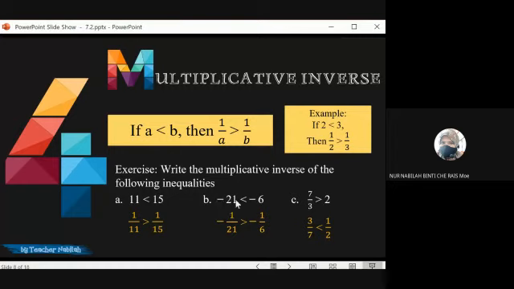The previous one was a whole number, so we write it as a fraction by 1 over that number. But in this case, 7 over 3 is already a fraction. So how to write the inverse for this one? You just write 3 over 7. This one is more than, this one becomes less than. Change 2 to 1 over 2.